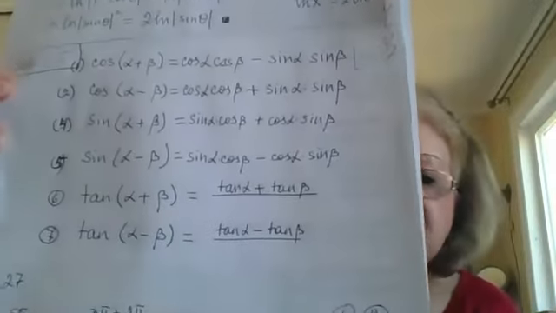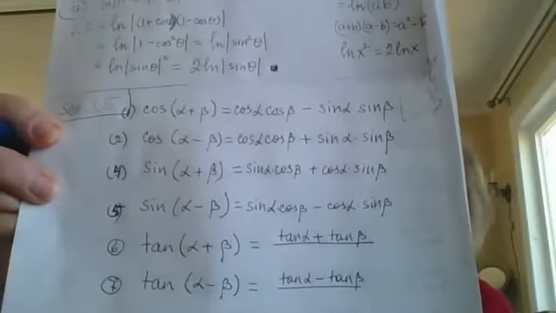You will have tangent of alpha plus tangent of beta. In formula number 7 on the top, you will have tangent alpha minus tangent beta. I did not complete the formulas. I just wrote the top expressions.